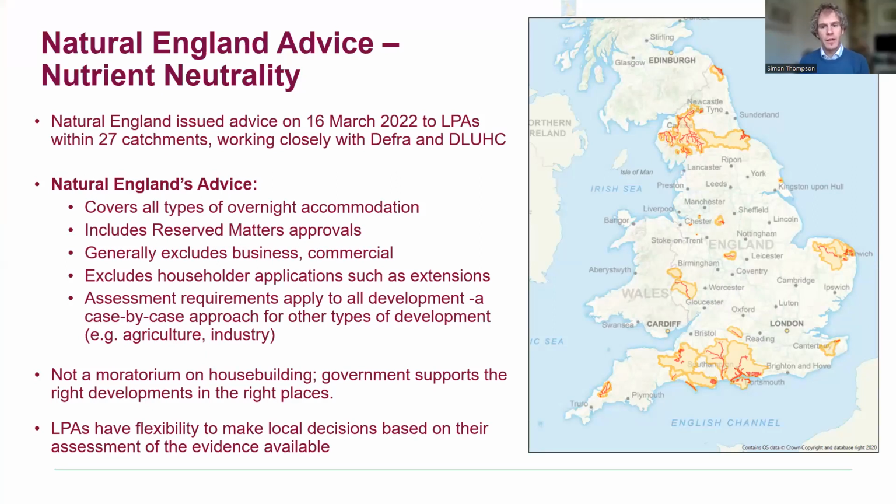The map on the right hand side there shows the catchments where Natural England have advised local planning authorities that new development needs to be considered through environmental assessment, because those sites are in unfavourable condition and nutrients is a particular issue and a reason for that unfavourable condition, and therefore proposals that could add additional nutrients to those protected sites should be assessed prior to any planning permissions being granted.